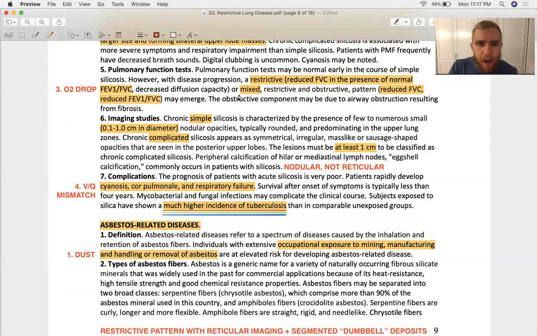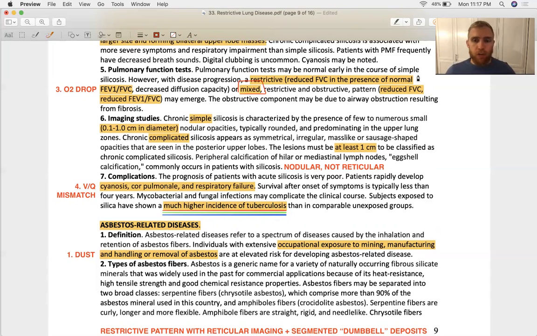And then here we encounter, for the second time in this SVL actually, this concept of mixed restrictive and obstructive disease with a reduced vital capacity, so decreased total lung volumes and a decreased FEV1/FVC. So what you would see in an obstructive pattern is increased FVC with the decreased FEV1/FVC.